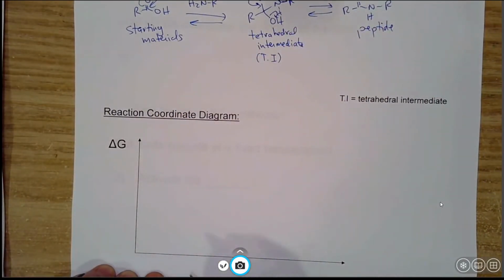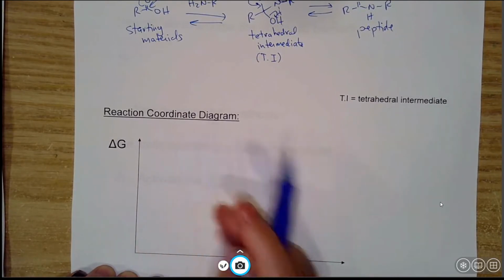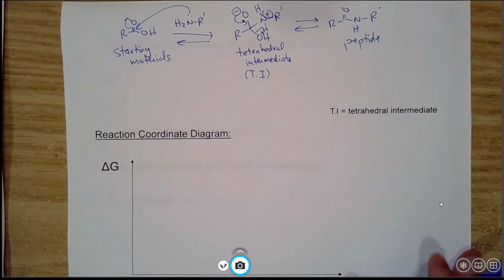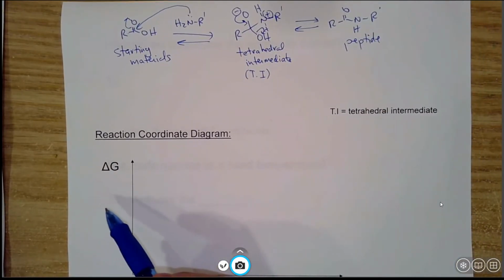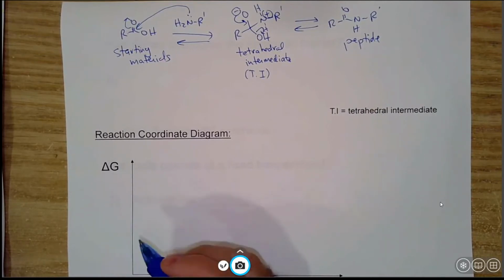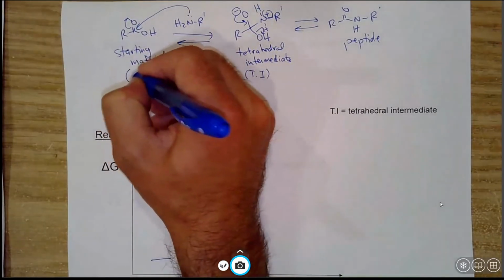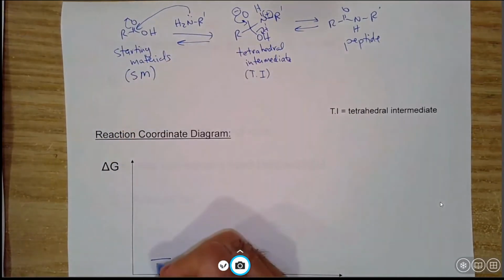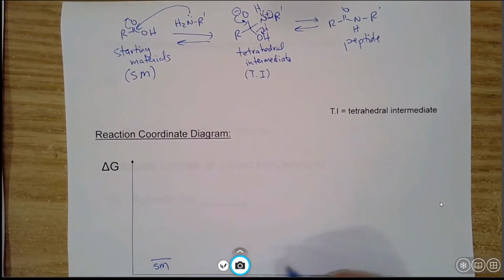All right, so if we're thinking about a reaction coordinate diagram here, what I want to highlight for you is we're going to be looking at delta G, and we're going to look at the energy of our starting material. Let's label that SM, starting materials, and let's look at our peptide or our product.